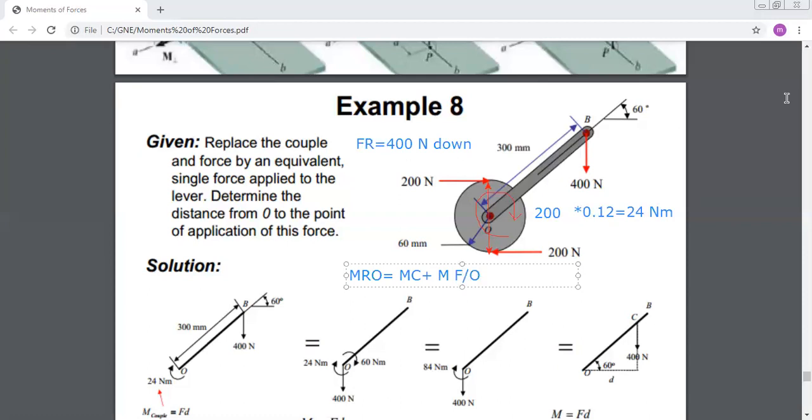I have that the 400 Newton force is creating a moment about O equal to what? To find the moment of this force about O, I should find the perpendicular distance. So if I take, this is the 400 Newton line of action. If I take the perpendicular, this distance is equal to what?